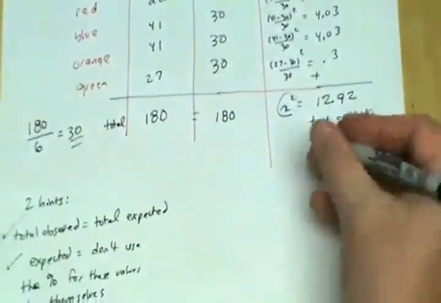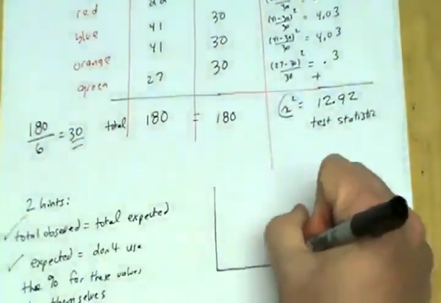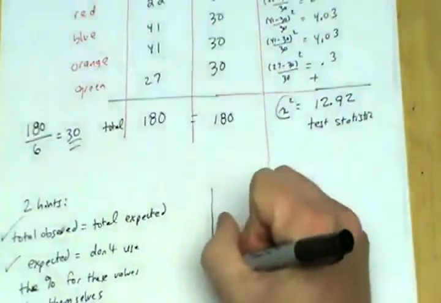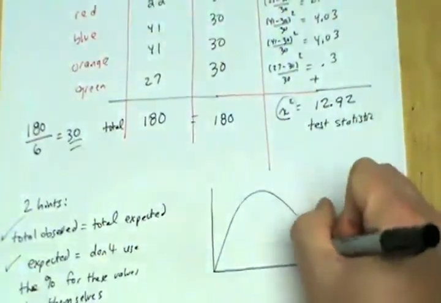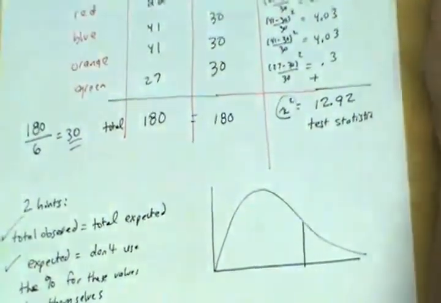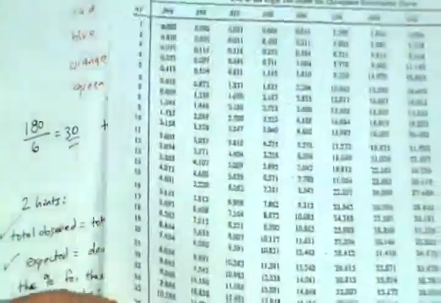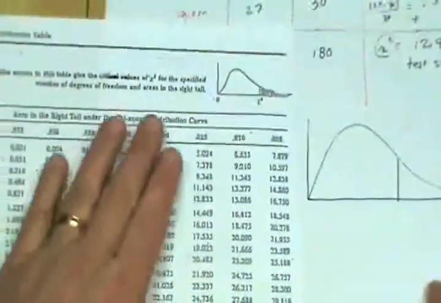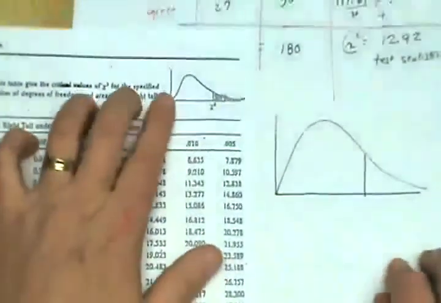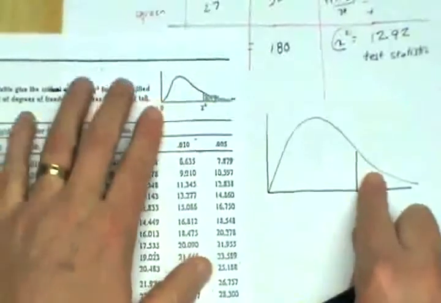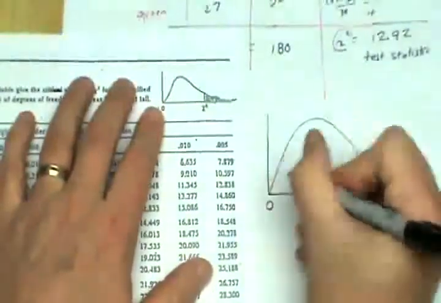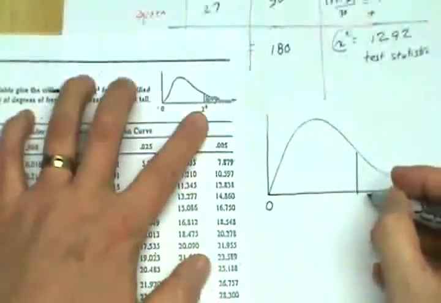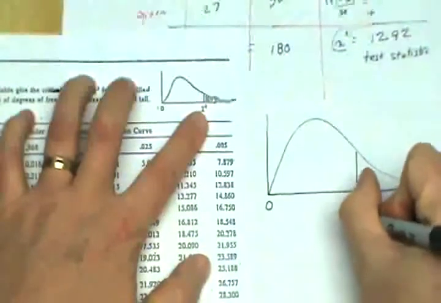We're going to place this 12.92 in a chart. Now you don't have to memorize this because I'm going to show you in just a second. We're going to go to a chi-square table, but I want to show you right here. This is the chi-square distribution table, and I'm matching this table here with what I want to do. And here we have a 0. This is going to be our critical value that we're going to look up in the chart.